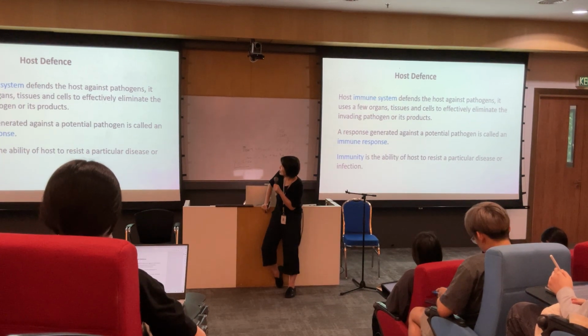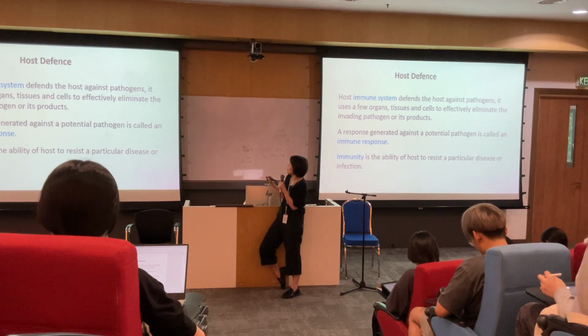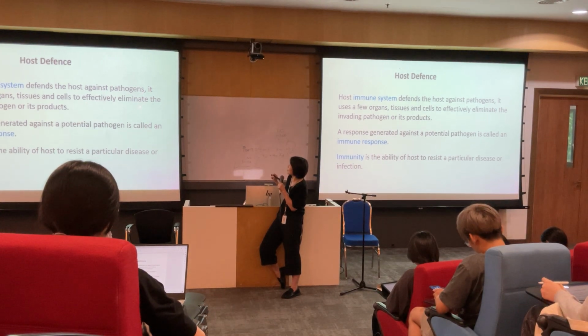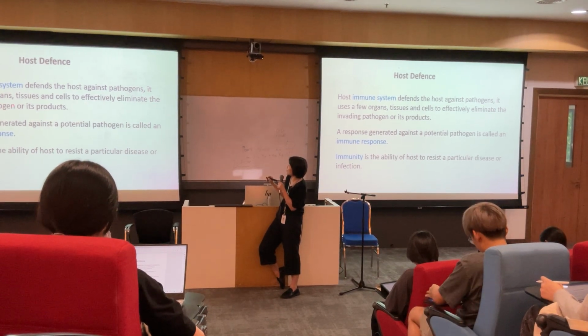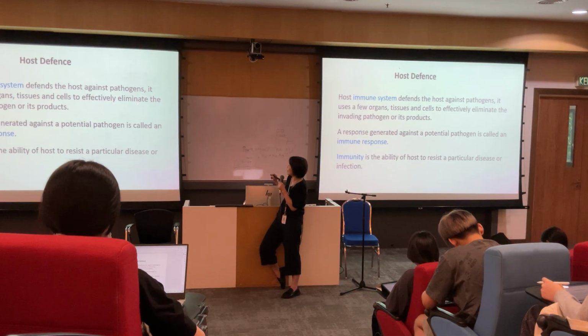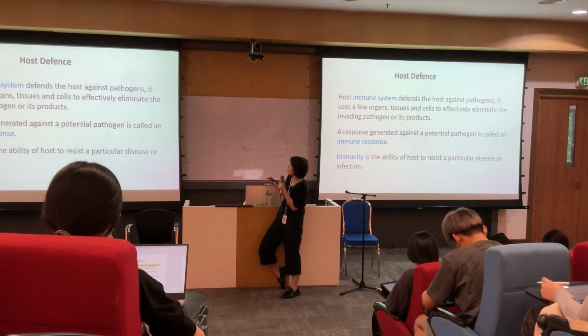All right. So you have to define what the immune system is. The immune system is a defense system of the host against the pathogens. It uses a few organs, tissues, and cells to eliminate or kill the pathogens and remove their products. So this is our immune system.